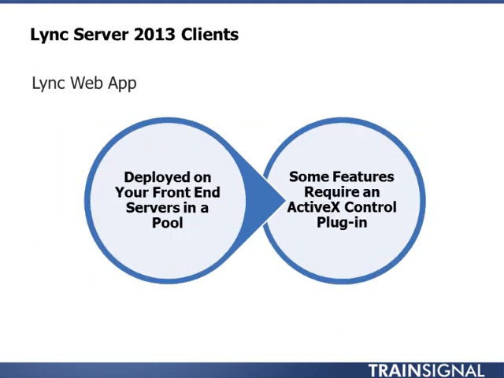The web app is automatically deployed on your front-end servers in a pool. You do want to know that there are certain features of the web app that do require an ActiveX plugin down on your client. And since the voice, video, and sharing features of the web app require the ActiveX Control plugin, we're going to look at deploying that in advance for the clients.